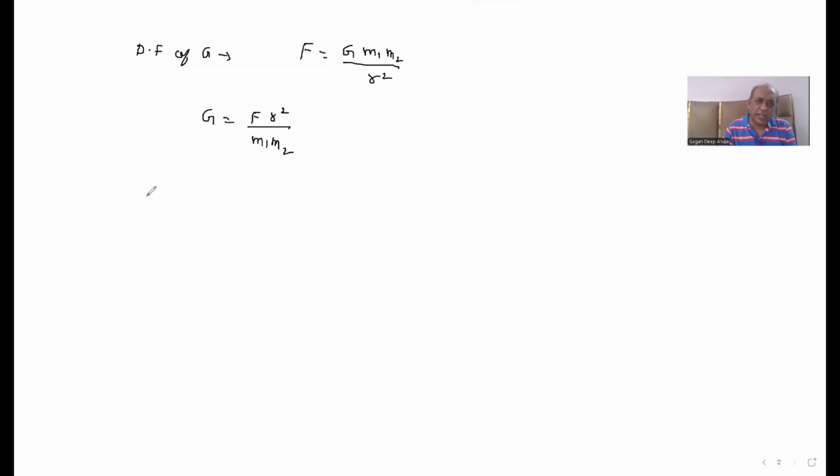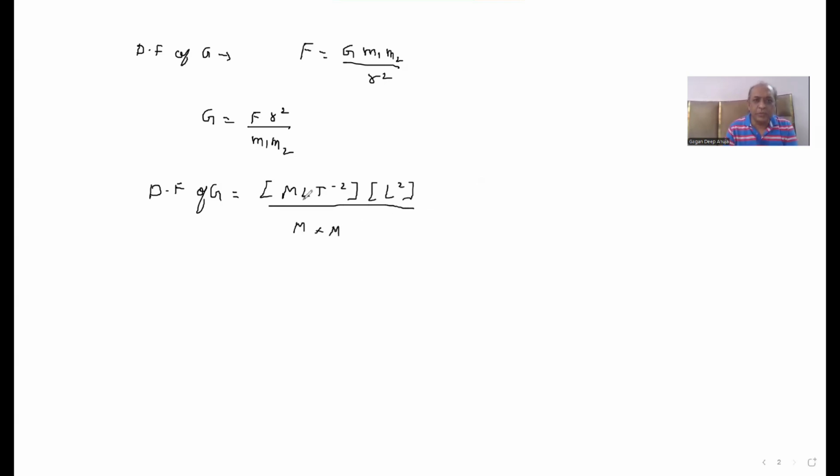The dimensional formula of force is M L T to the power minus 2, multiplied by r square, which is L2, divided by M into M.